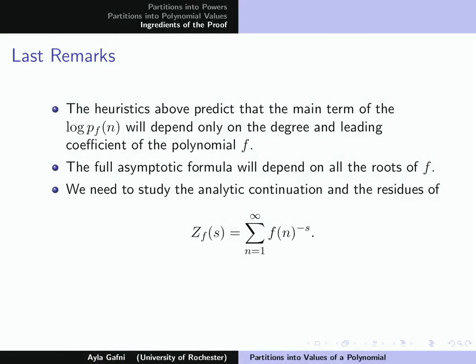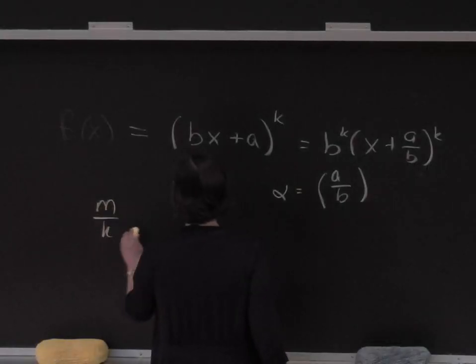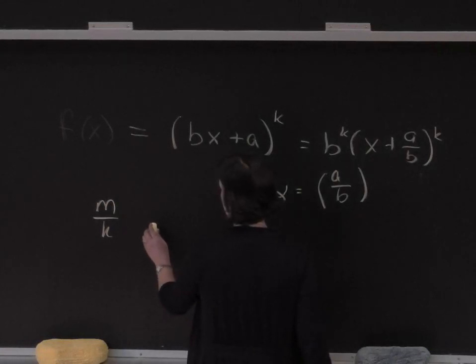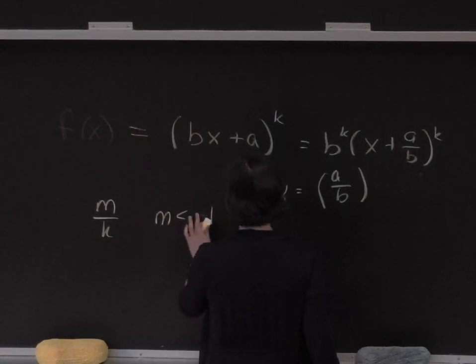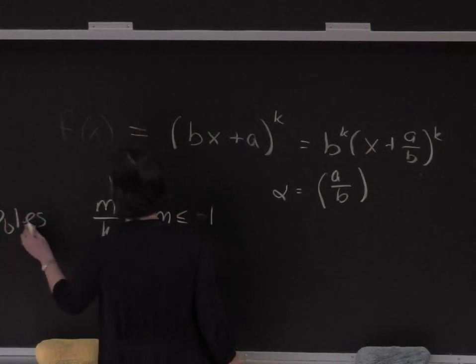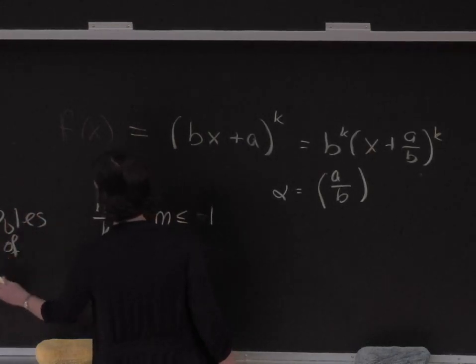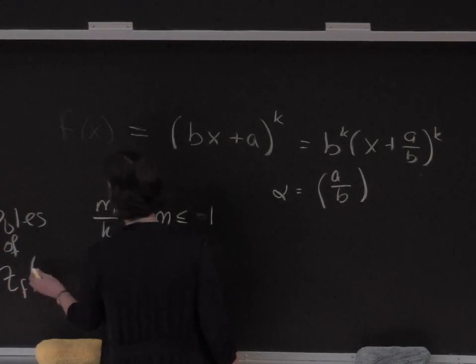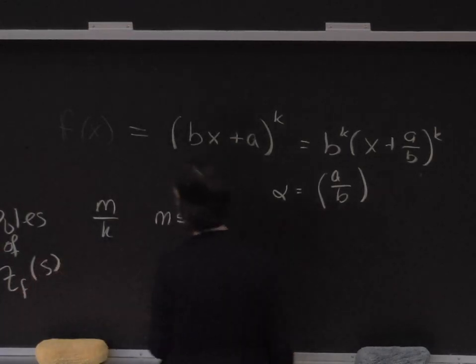We know that the poles of this look something like 1 over k, or they look sort of like m over k, where m is less than or equal to 1. So these are the poles of ZF of s.